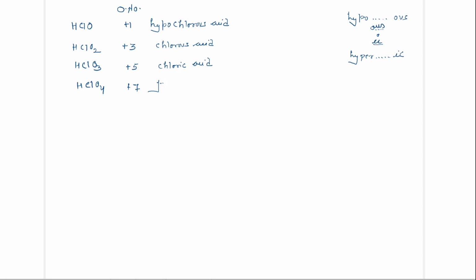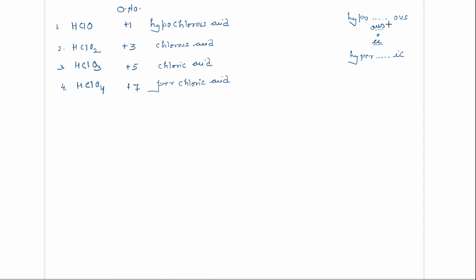And this will become perchloric acid. So hypo-ous, ous, ic and per-ic. So that will become 1, 2, 3, 4. That's how we use the suffix.